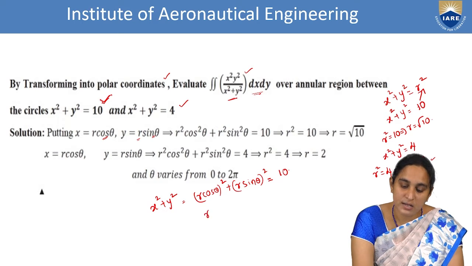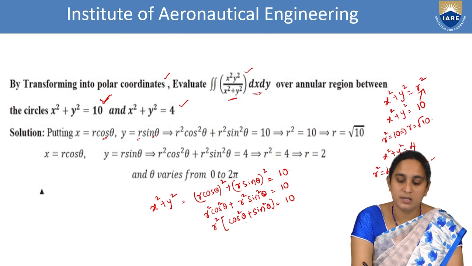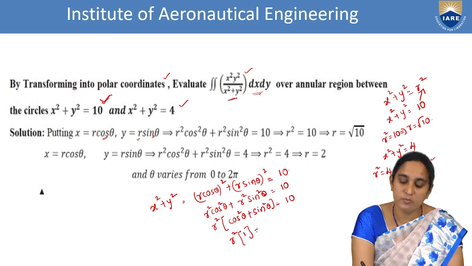From that, r square into cos square theta plus r square into sin square theta is equal to how much? 10. Here r square is common, that is r square into cos square theta plus sin square theta is equal to 10. cos square theta plus sin square theta is equal to 1, so that is equal to 10.